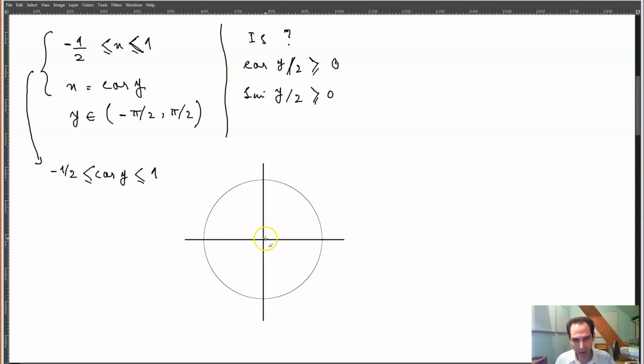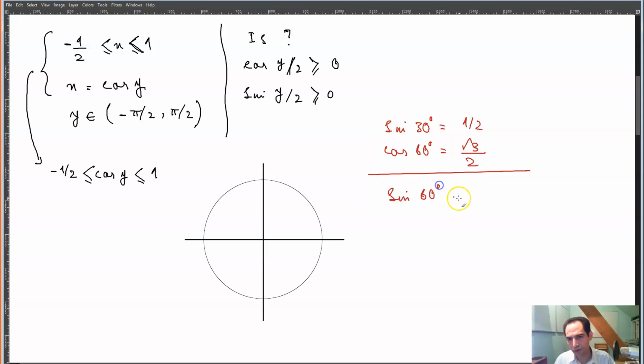You know that the sine of 30 degrees is equal to 1 by 2, the cos of 30 degrees is equal to square root of 3 by 2, and also the sine of 60 degrees is equal to square root of 3 by 2, and the cos of 60 degrees is equal to 1 by 2. It's the exact inverse kind of thing going on here, right?